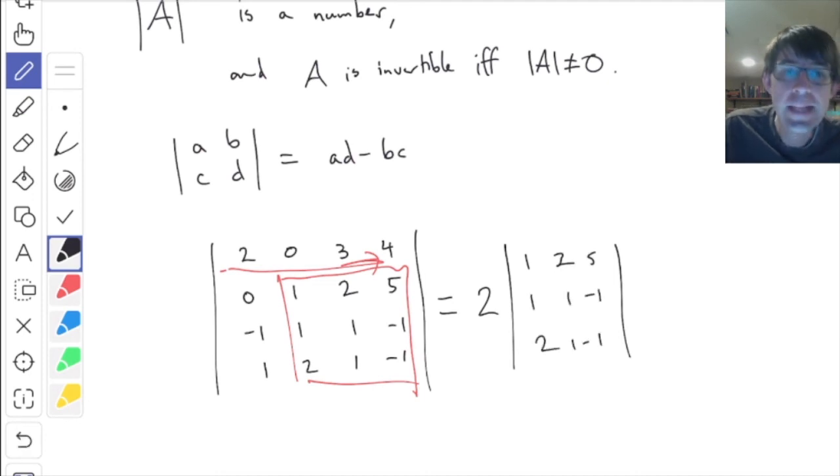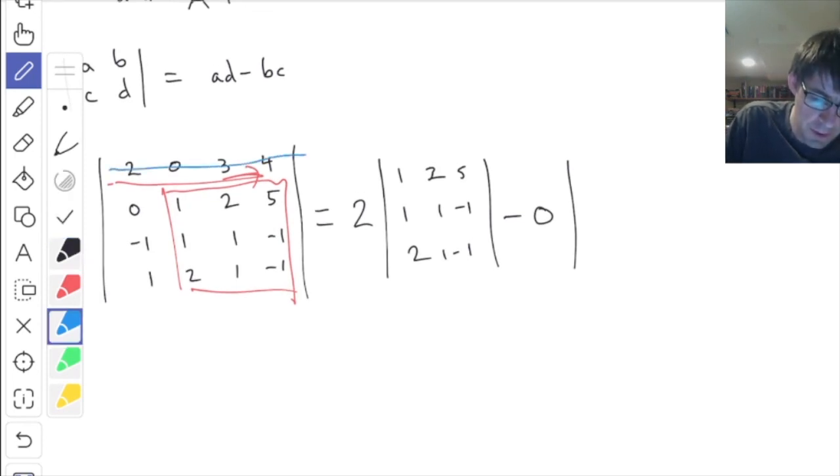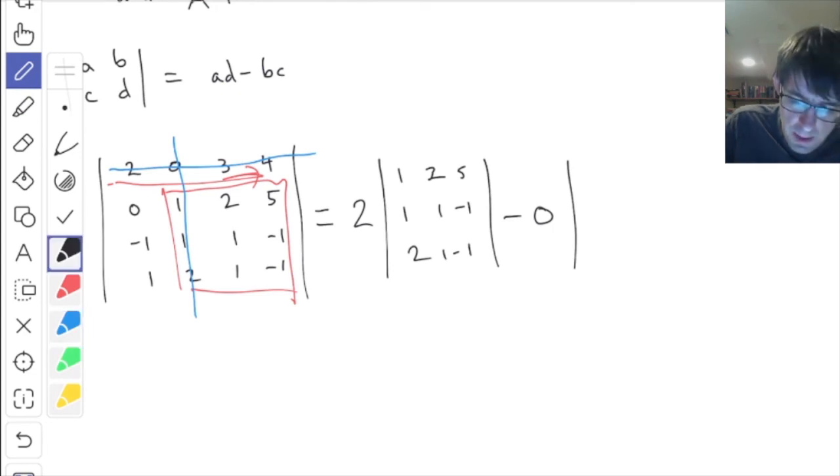All right? And then I move over, and I do the same thing with the next thing in the top row, which is a 0. You have to remember to alternate the signs as you do this. So next is minus 0 times, and now for the 0, the submatrix is what you get by eliminating the row and column that 0 is in, and I take the 3 by 3 of remaining guys, which will be 0, 2, 5, minus 1, 1, minus 1, 1, 1, minus 1, like that.